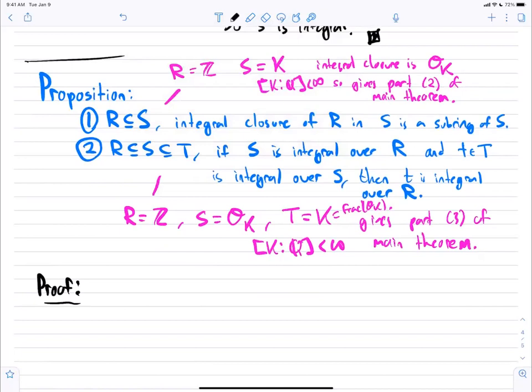But I like the one I'm about to give because it's a good example of how to use commutative algebra effectively, and of techniques that are useful later too. I'm only going to prove that the integral closure of R in S is a subring of S. But the proof of 2 is very similar, so if you understand the idea going into the proof of 1, you'll be able to carry out the proof of 2 on your own.